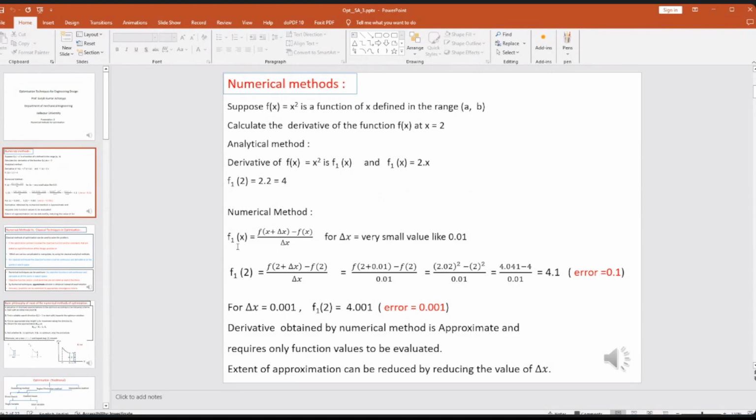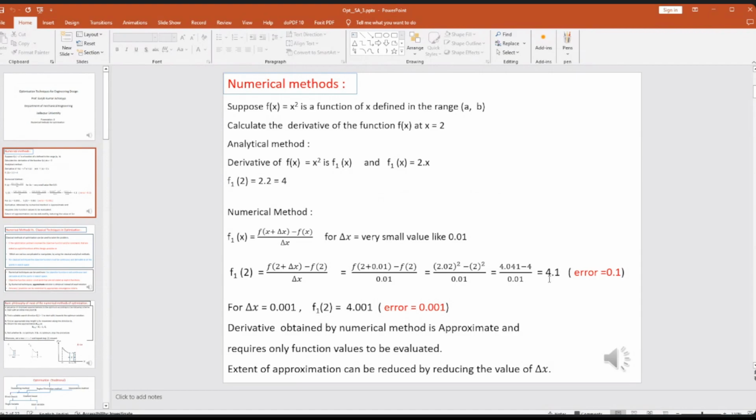Now for calculating the derivative, we have to evaluate the function only. Here we have used the value of the function only at the point x plus delta x and at another point x. So two function values have been evaluated, and then from the expression the derivative can be calculated as shown here, and it is obtained as 4.1.